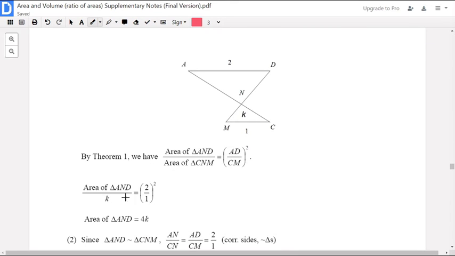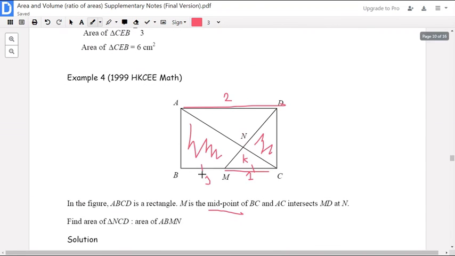So, substitute all the values in the figure. The area of triangle AND divided by K will be 2 to 1 squared. Cross multiplying, we know that AND now is 4K. So, go back to the figure. This is 4K.